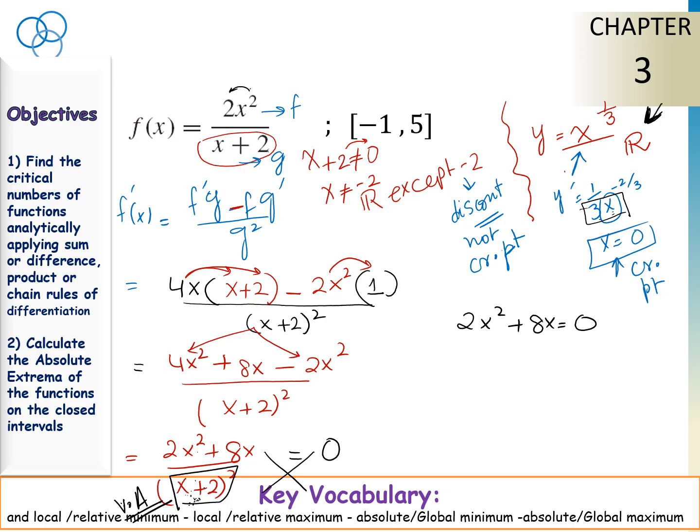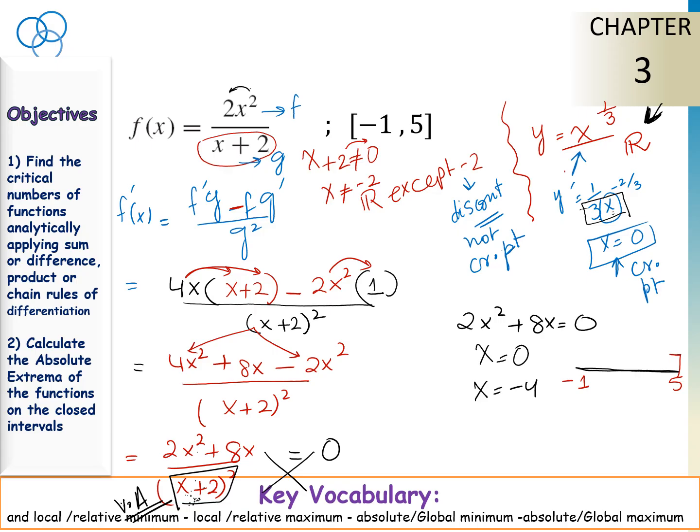Okay, so when you solve it, go to mode 5-3, write down the 2, 8 and 0 in your calculator and you will get x equals 0 and x equals -4. Now have a look over here. Here is your number line. On the number line, the starting point is -1 and the ending point is 5.